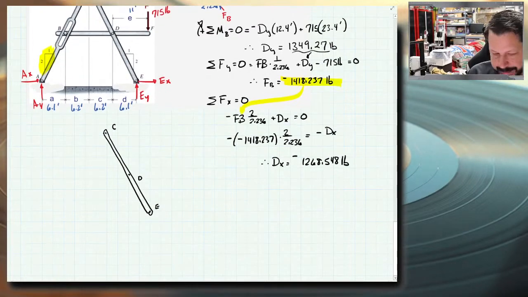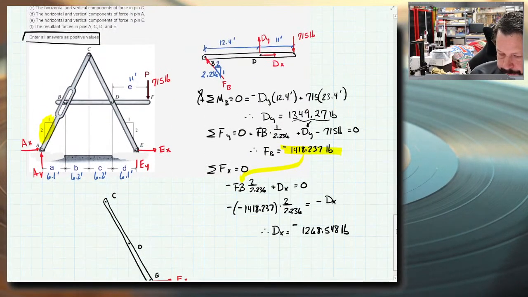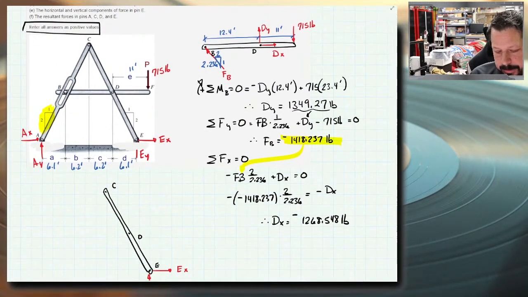All right, so at E, I didn't solve for any of those, so I just still have the EX and EY. At D, this is where you could easily get confused. Let's do C first. C, I'm just going to do CX and CY. Now let's deal with D.